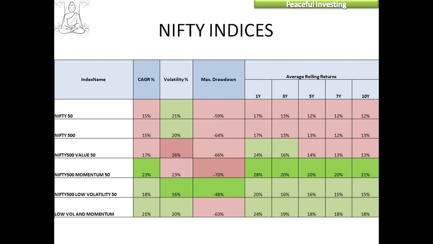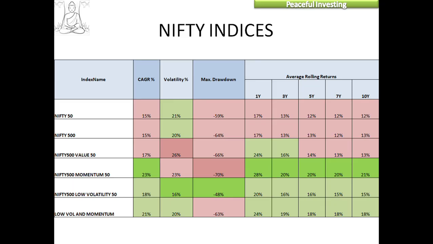Now, many people like us, many people in our system believe in value investing. Let's see whether that applies over here or not. To that end, we have picked up the Nifty 500 Value 50 Index.